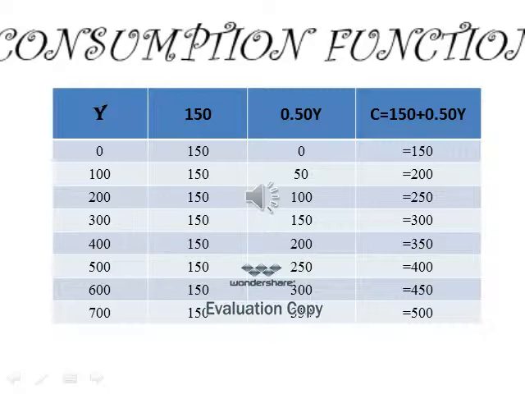For example, if Y is 100, constant is 150, 50% national income. In order to accumulate C, you simply multiply 50 over 100 multiplied by 100 over 1 to get the result C equals 200.